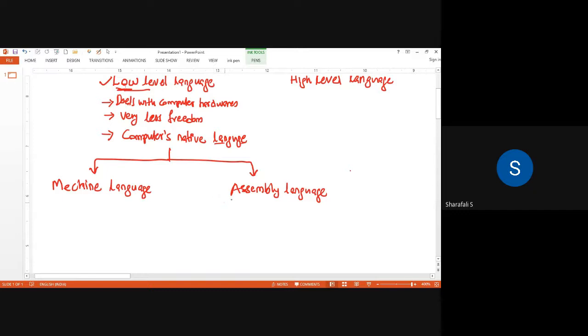Machine language and assembly language. If you consider machine language, this is nothing but the computer language, purely the binary codes that we are using. This is nothing but computer language.